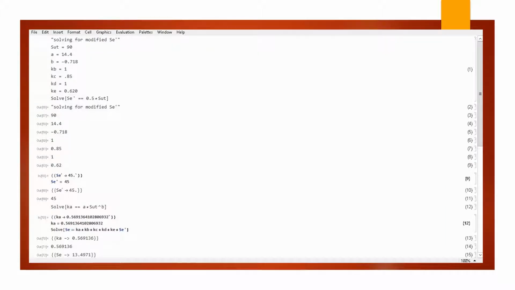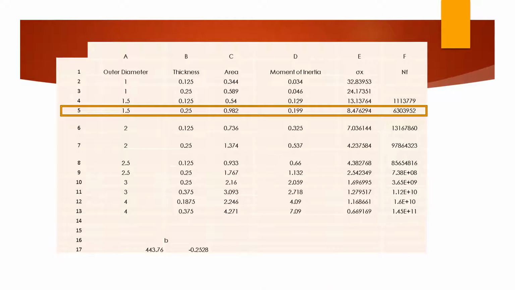And using Mathematica again, we can solve for our modified SE. Plugging it into Mathematica, we can see that we get the same as our hand calculations, which would be our endurance limit SE to be 45 KSI, and our modified SE to be 13.4971.